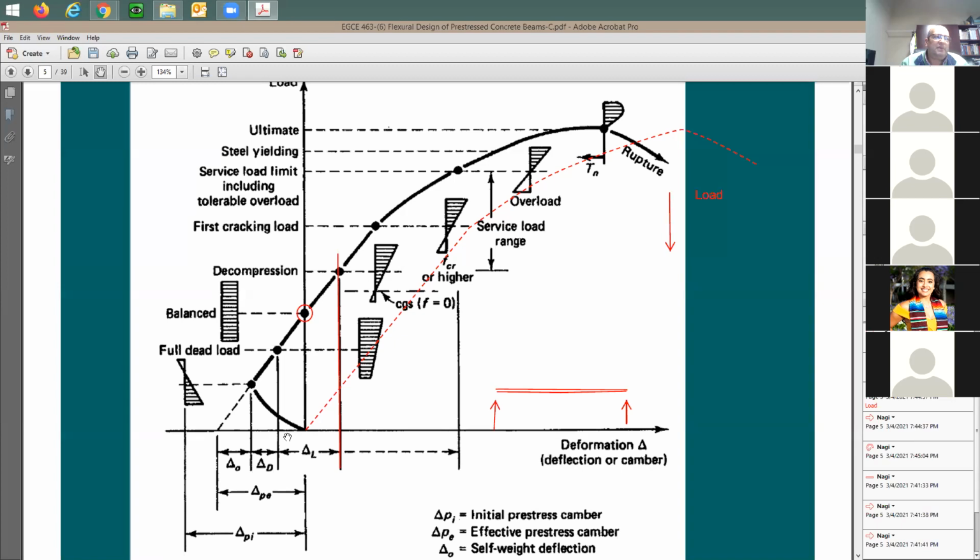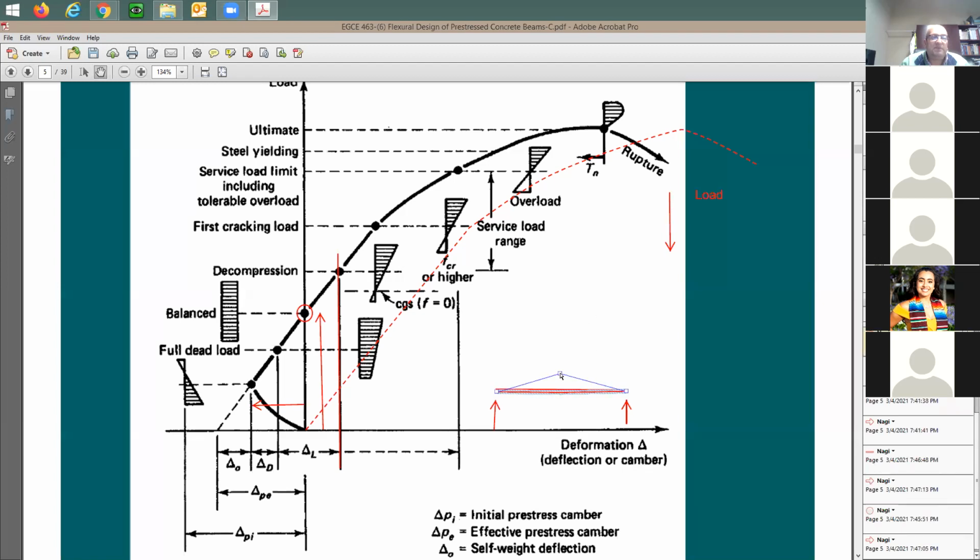Balanced load effect is going to be from here to here. And the amount of balanced load, the uniform load that you calculate out, is going to be this amount, this ordinate here. And deflection is going to be from here to there, to balance the camber that the beam was exposed to because of the pre-stressing.